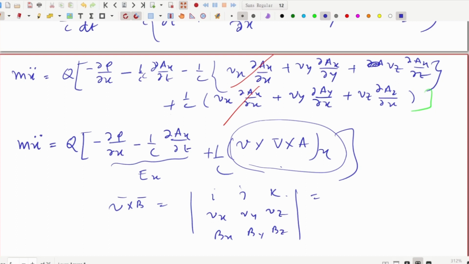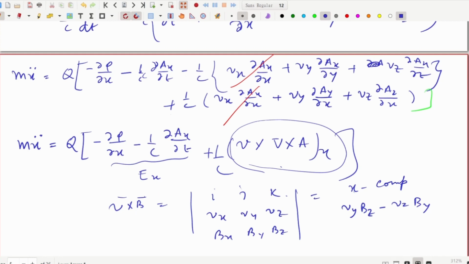So, the x component of V cross B will be V y B z minus V z B y. Okay.